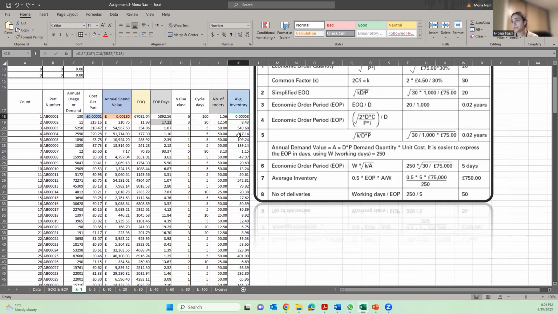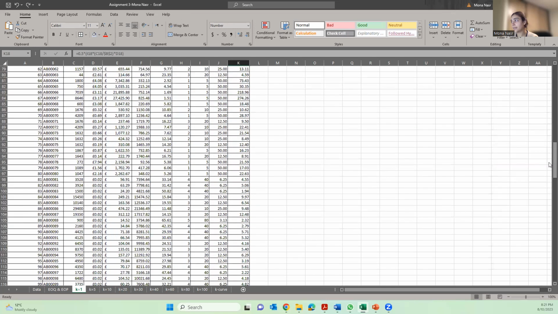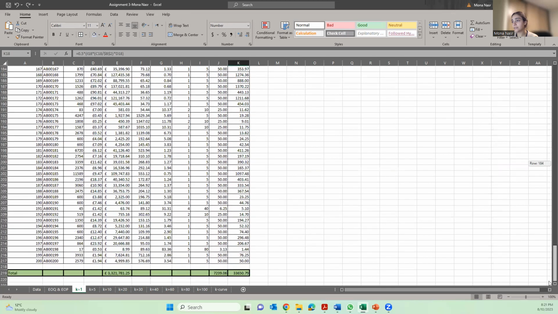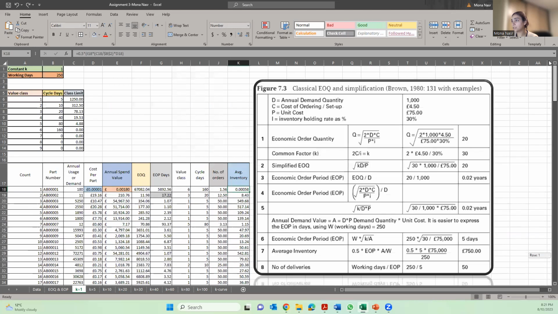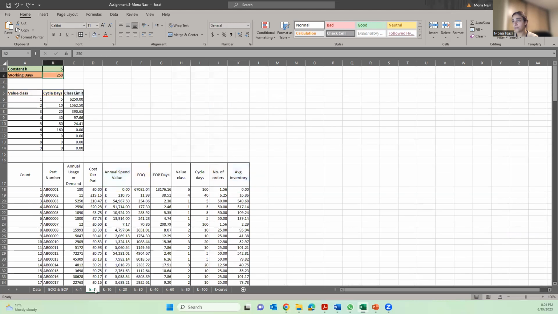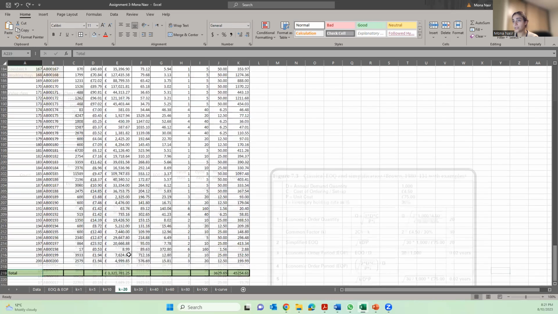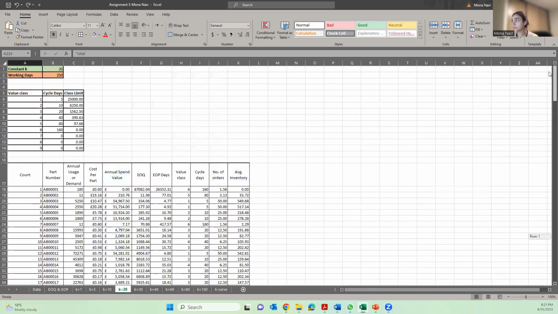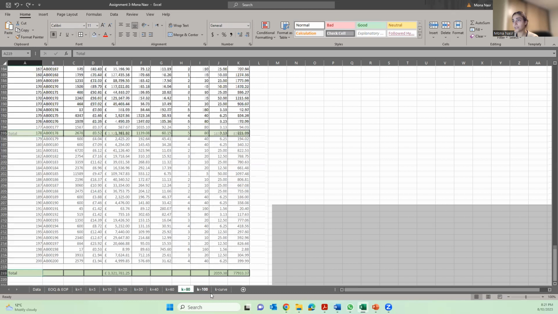Then we drag the formula till the end, and in the end we have the total here. So we continue this for K5, K10, K20, 30, 40, 60, 80, and 100.